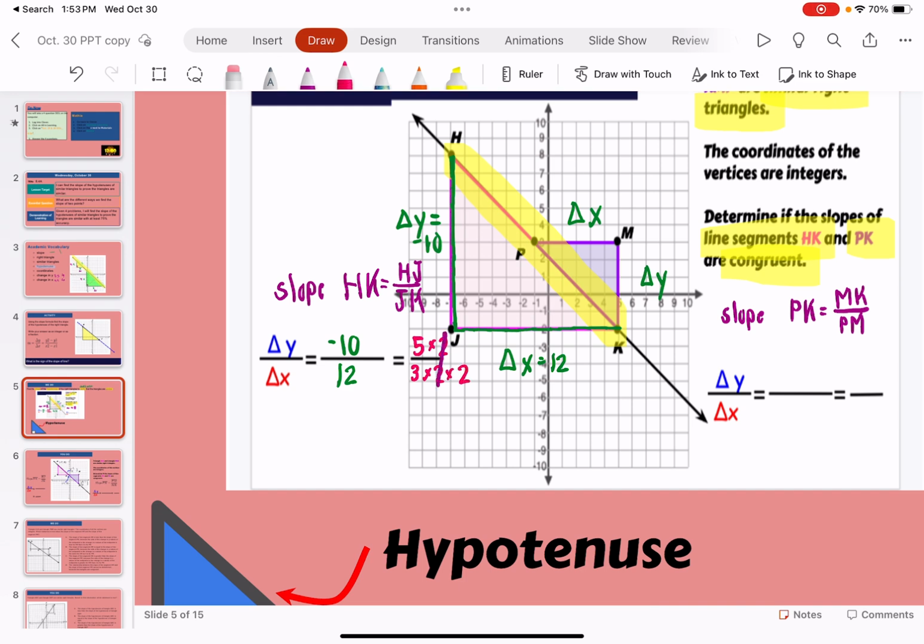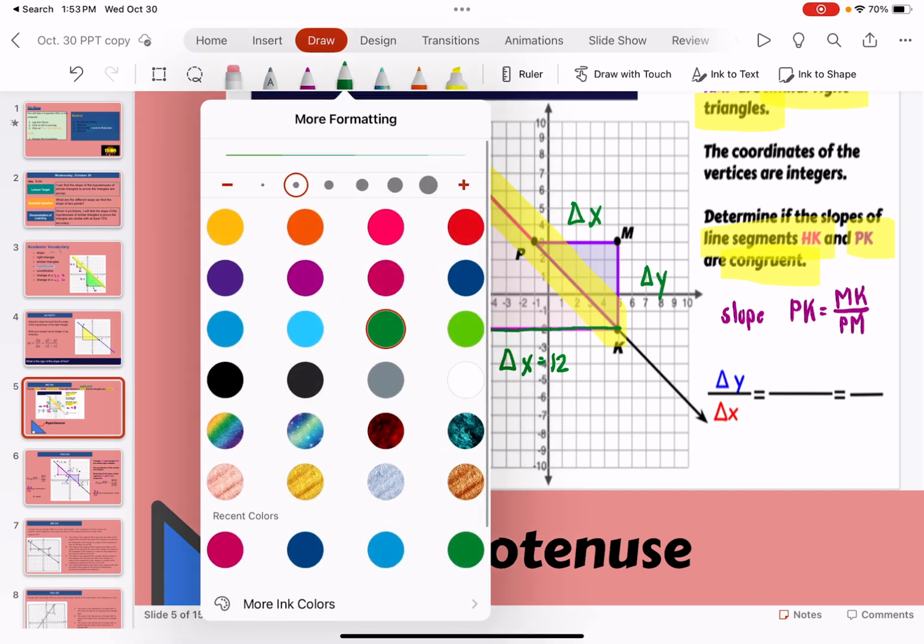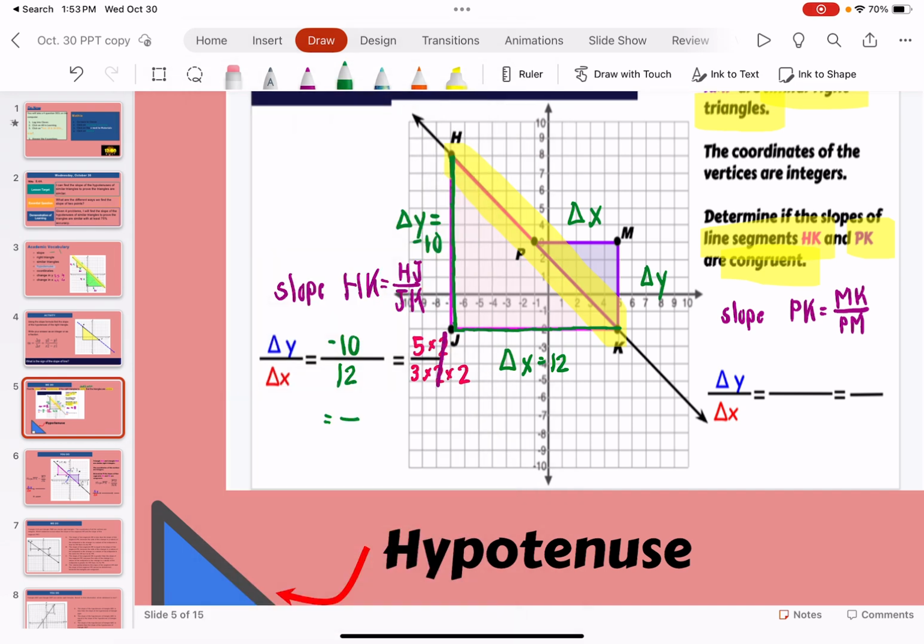And then that means that negative 10 over 12 is the same thing as 5 over 3 times 2 is 6, 5 over 6. But because our slope was negative, I have to remember to add the negative sign back in. So we have negative 10 over 12 is equivalent to negative 5 over 6. Okay, so that was the slope for that bigger pink triangle.